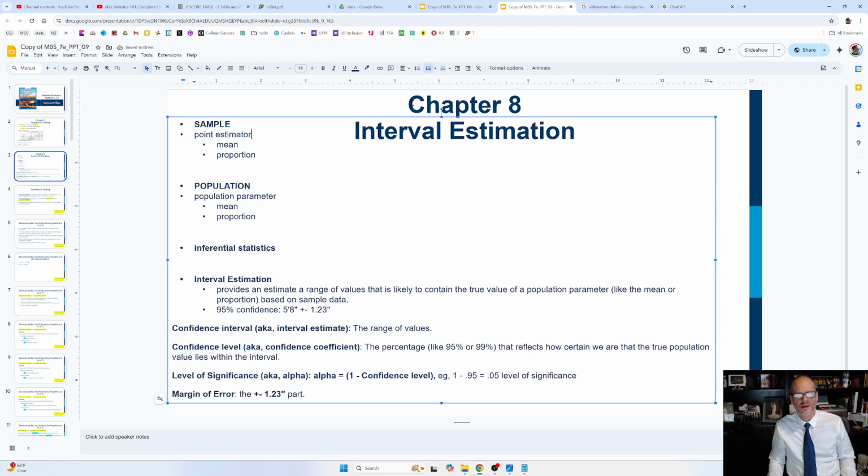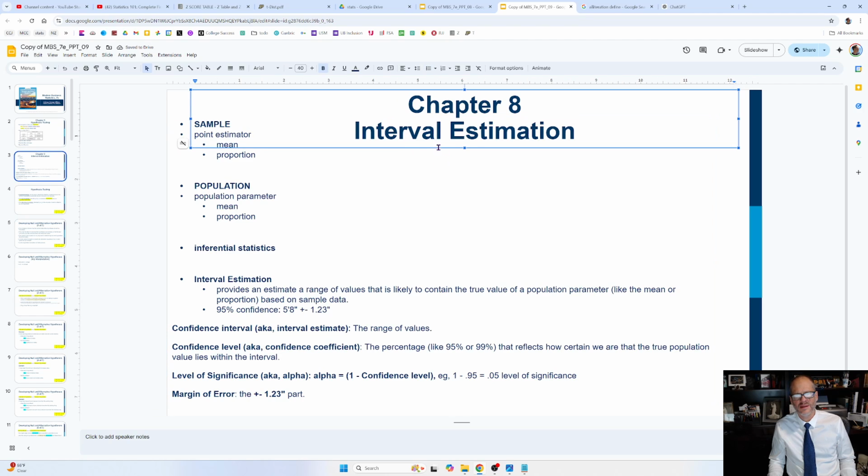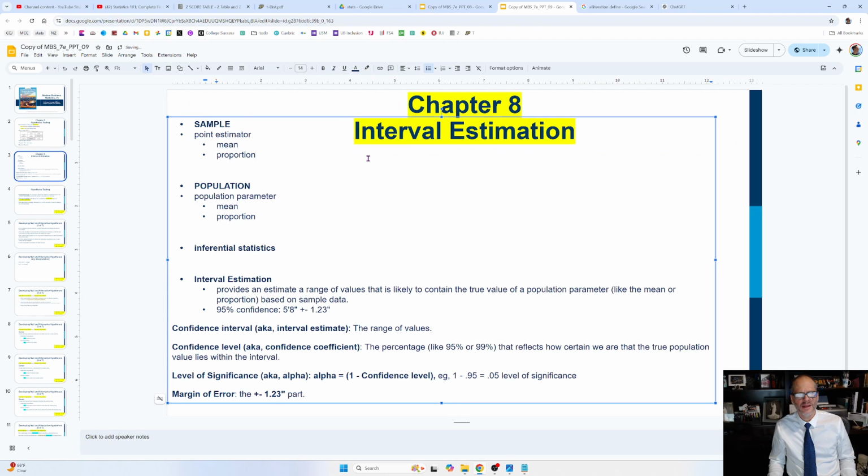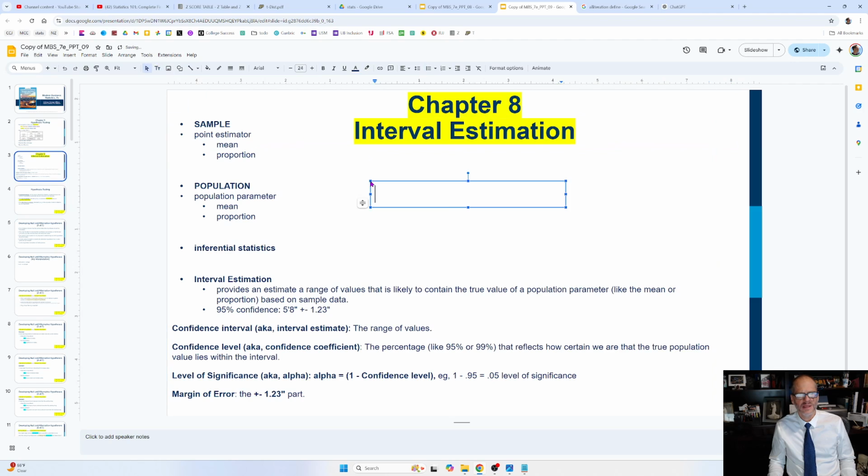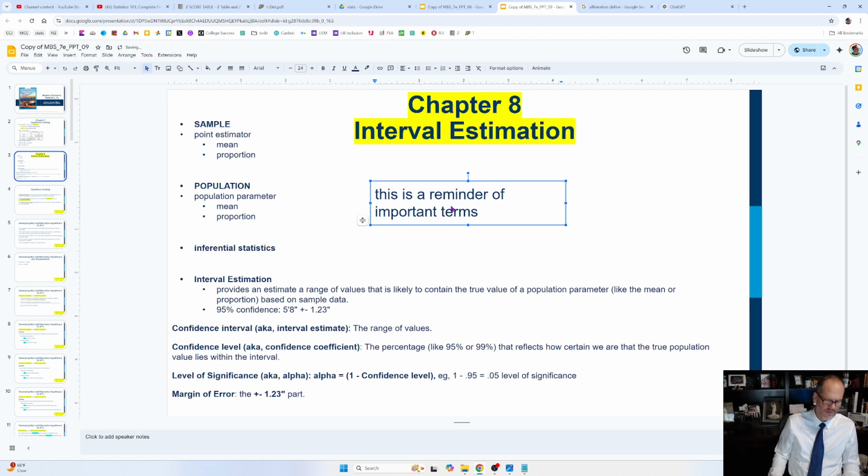We'll leave that here and highlight all of that. Then we'll add another little note and say, this is a reminder of important terms. We'll highlight it, center it, and rotate it.